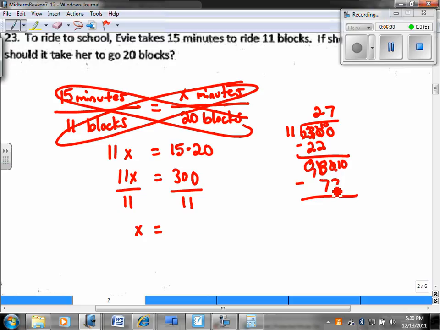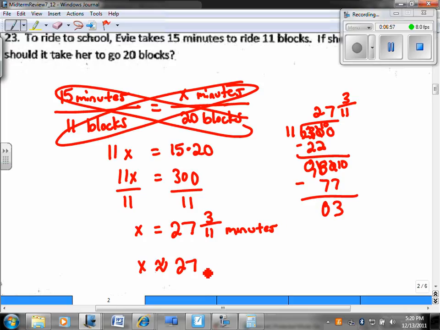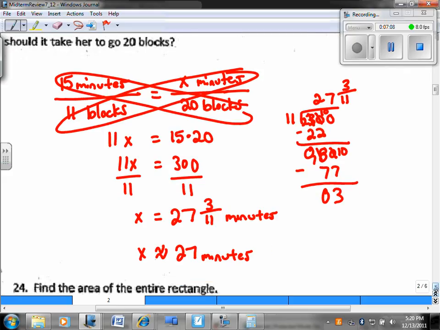Okay, borrow. 7 from 10 is 3. 7 from 7 is 0. So it's 27 and 3/11. So x is 27 and 3/11 minutes. We can say x is approximately 27 minutes, because we know that 3/11 is less than a half, so it's going to round down. So x is approximately 27 minutes.